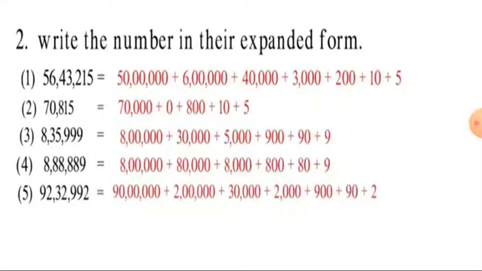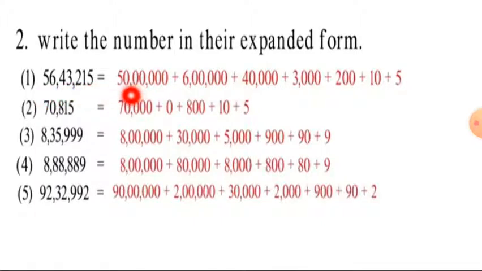Question number 2, students, write the numbers in their expanded form. Now students, the number is given in the standard form, and you have to write that number in the expanded form as I have explained to you. So copy the first sum and write as I have written. The first sum is 56,43,250.